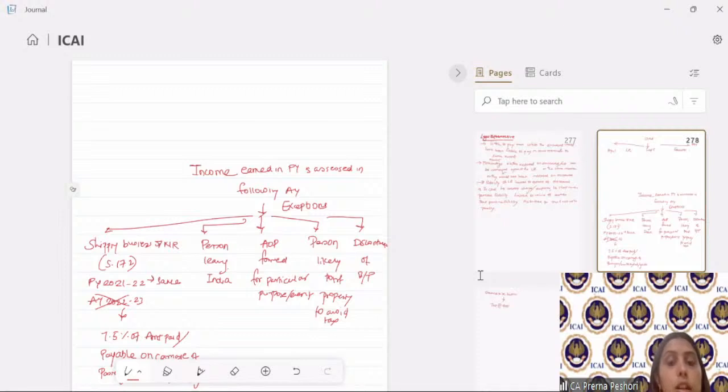So the liquidator of the company has to give the notice of his appointment to the income tax officer. If he doesn't give, we saw there is going to be a prosecution also. We saw that, right? And the assessing officer can call for any information from the liquidator for the purpose of determining the tax which is payable by the company.